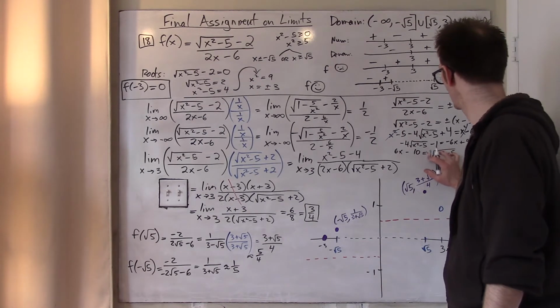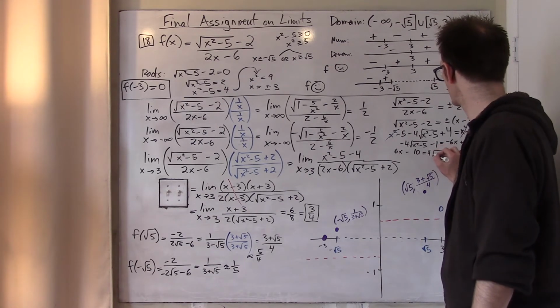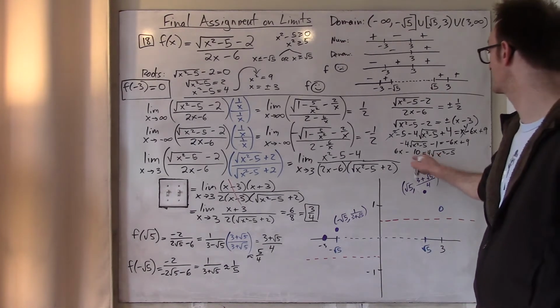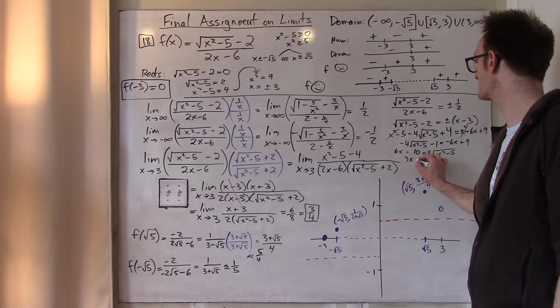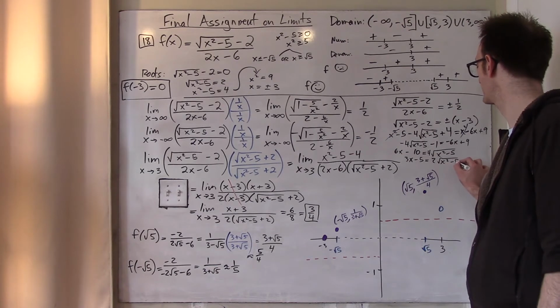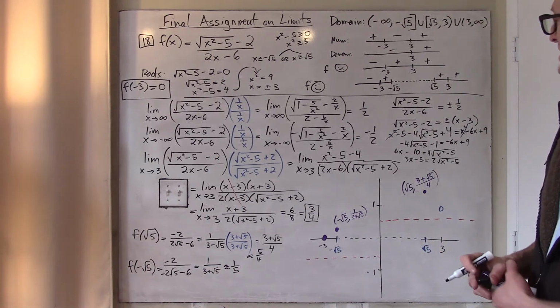I'm running out of board space, but yeah, that's just right. 6x minus 10 equals 4 root x squared minus 5. Okay, I can divide through by 2, so this is really 3x minus 5 equals 2 root x squared minus 5. And now there's nothing to do except keep on going.